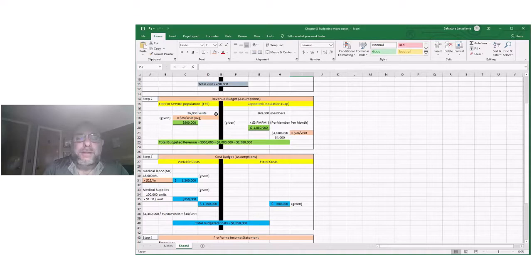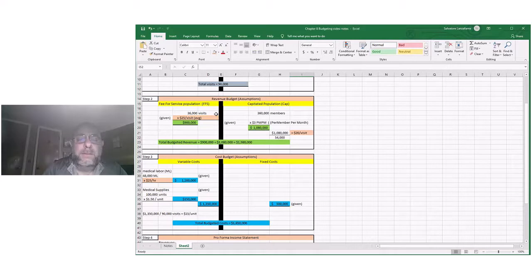And they have 360,000 current members. They're telling us that the per member per month revenue is $3. That's basically going towards the clinic. So that's $1,080,000 in revenue that'll be generated from this member base.